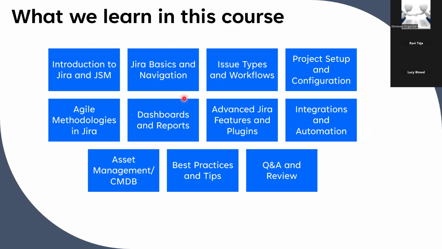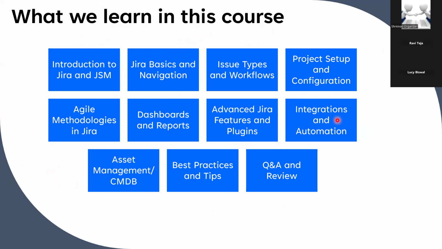And there's a slide I just prepared on what we learn in this course. Basically we'll go through these topics in upcoming sessions, and we'll cover all the technical topics like project setup, configuration, advanced Jira features, plugins, and integrations.